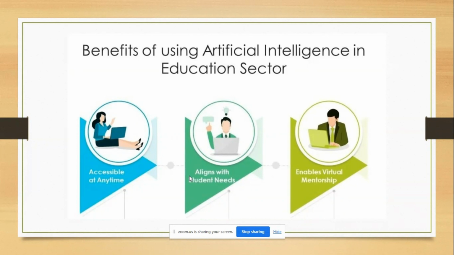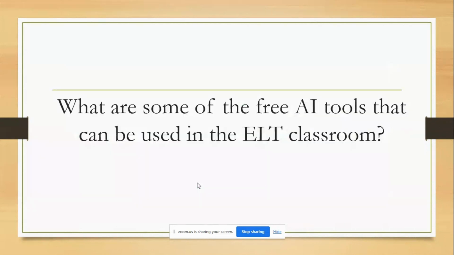Apart from that, it aligns with students' needs. They don't even have to ask. There is no social interaction, so they freely ask all their questions. They freely get involved in every sort of device and software these days. And it also enables virtual mentorship. We'll come to that in a bit.